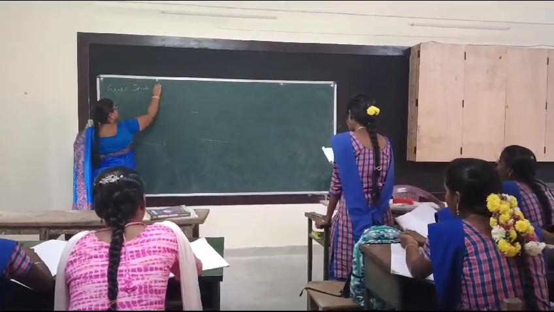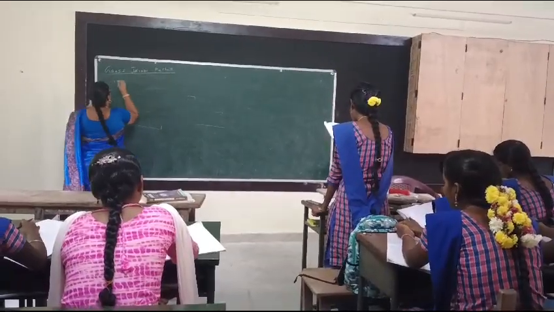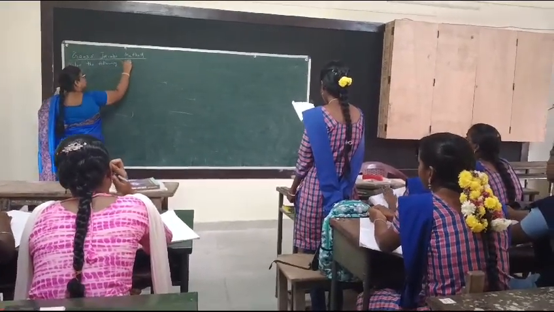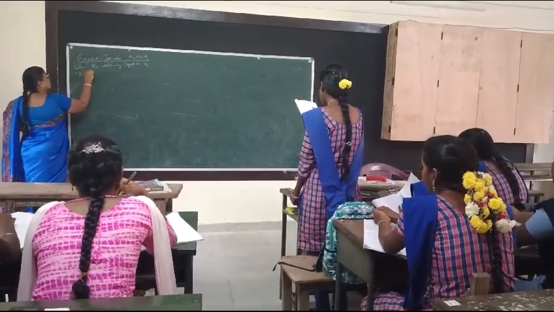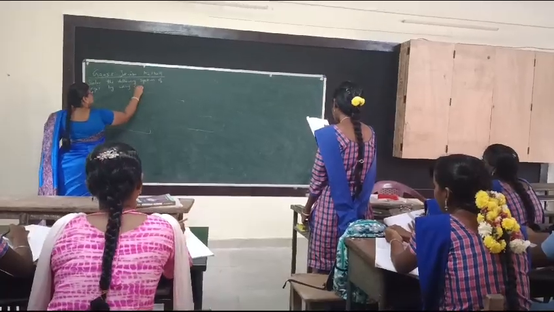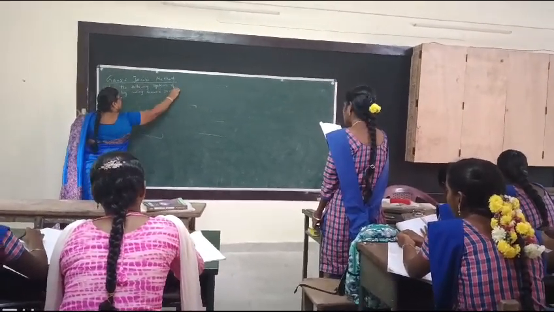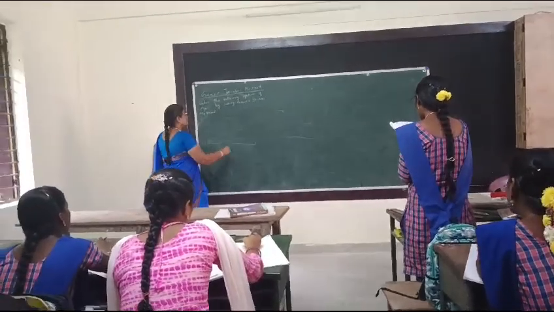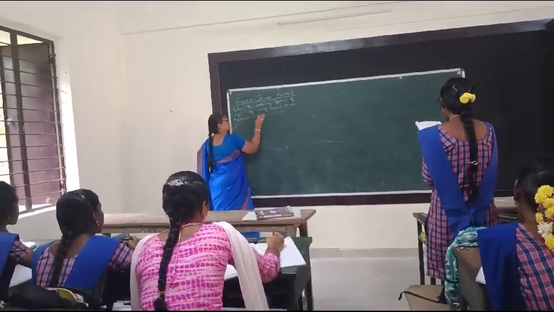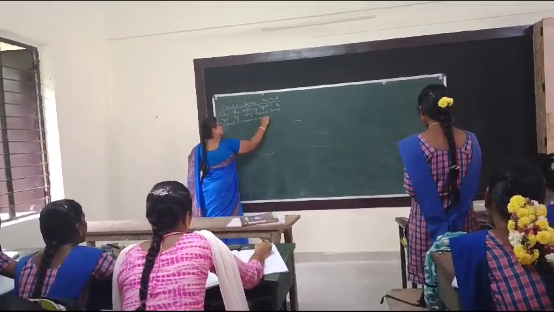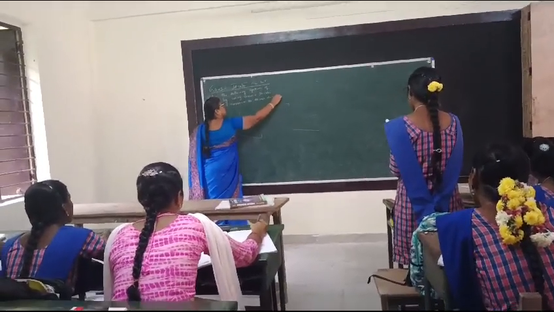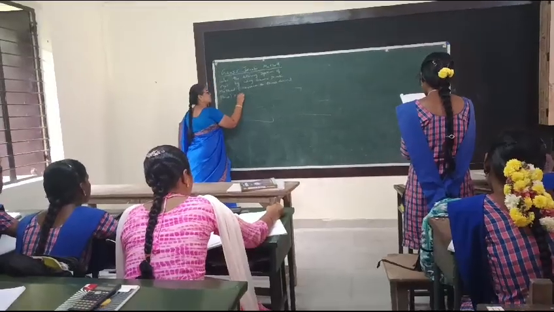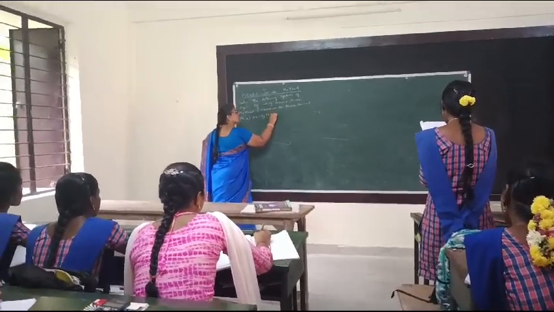Solve the following system of equations by using Gauss-Jacobi method, correct to 3 decimal places. 8x minus 3y plus 2z equal to 20.